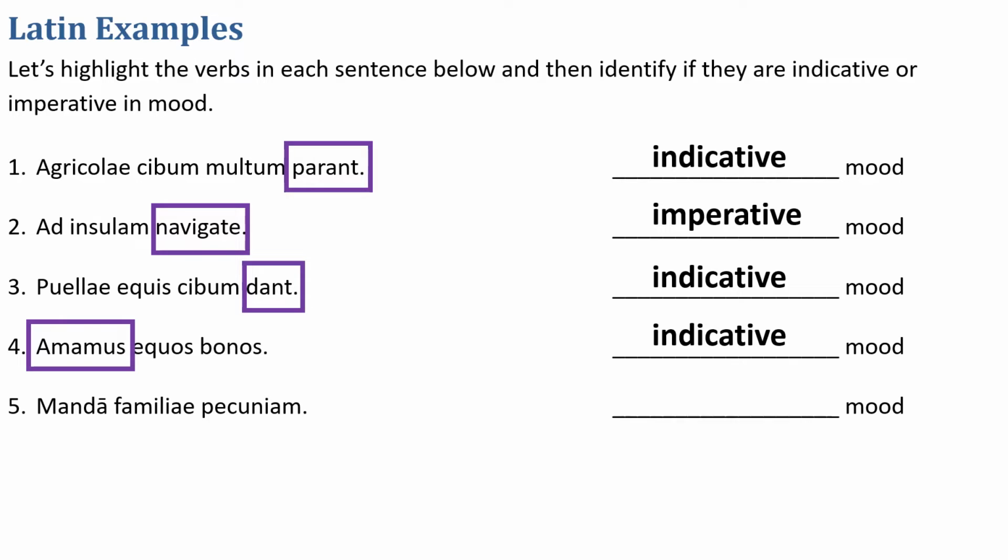Manda familiae pecuniam. Well, that's good advice. Where's your verb? Manda. Don't be confused by the long A. That's not an ablative. That's a verb. That's a singular imperative right there. You, just you, are being told manda, entrust. Excellent.